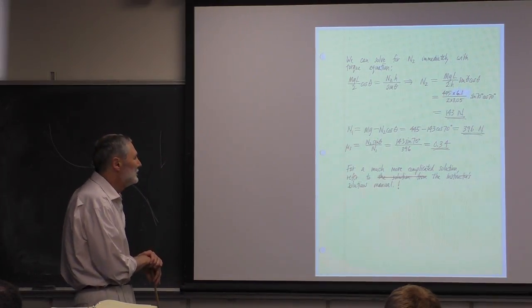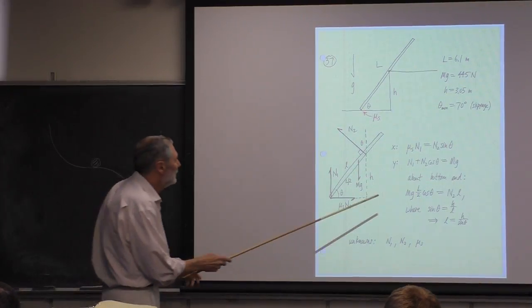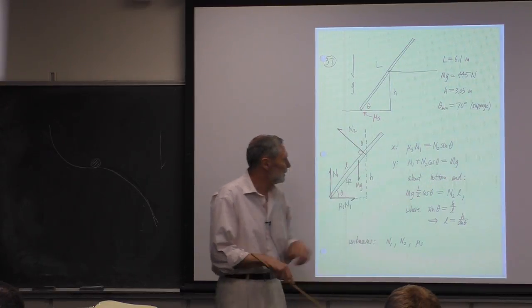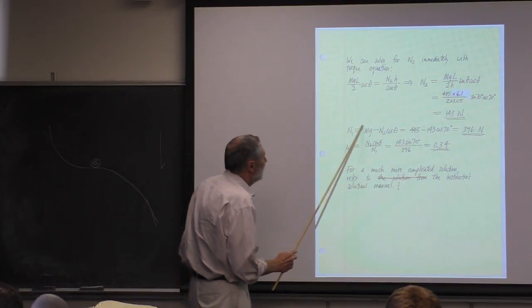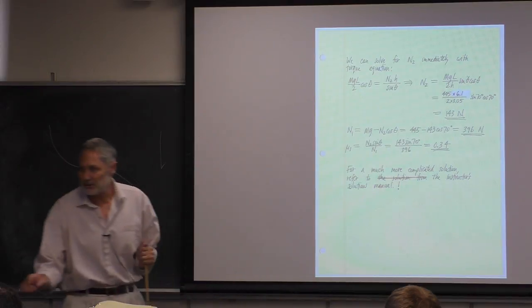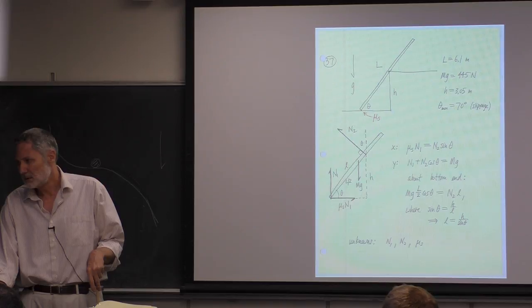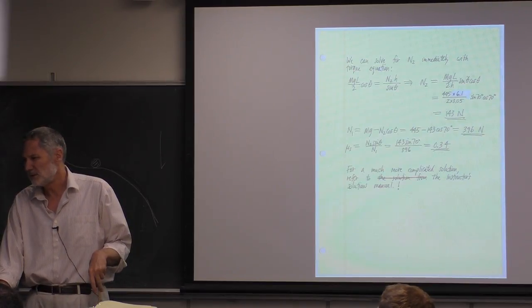Then we substitute it into this equation, the y equation here. Once we know N2, substitute it into here, we can get N1. And I get 396 newtons. And then finally we can substitute, something's bothering me here.